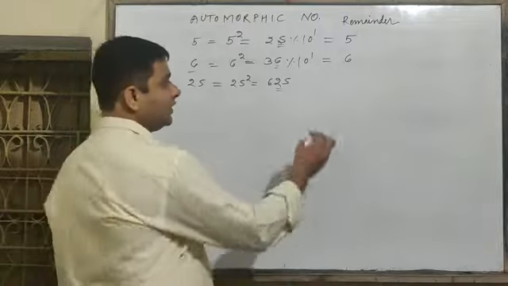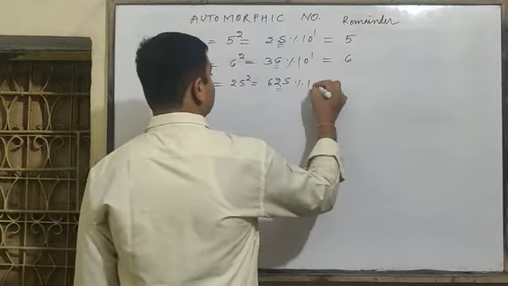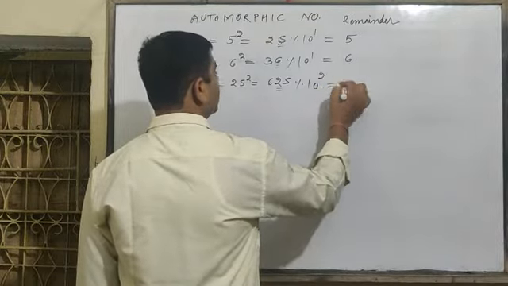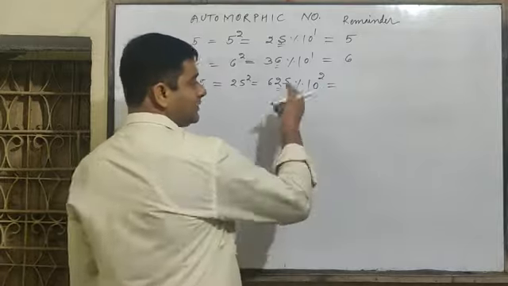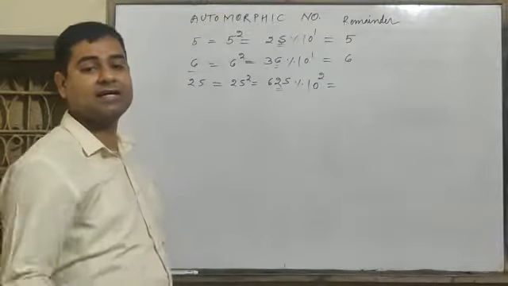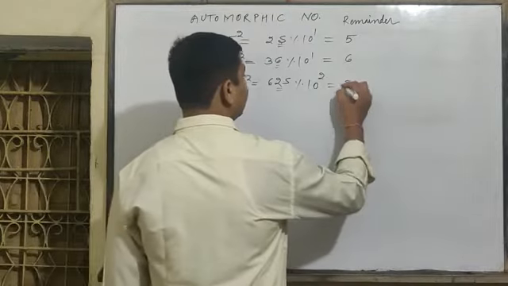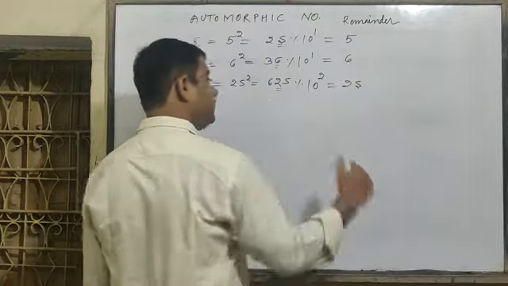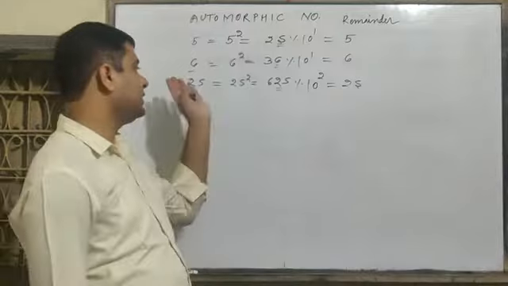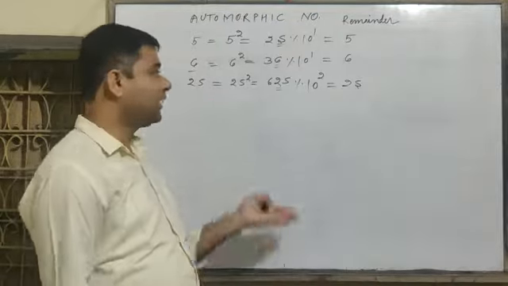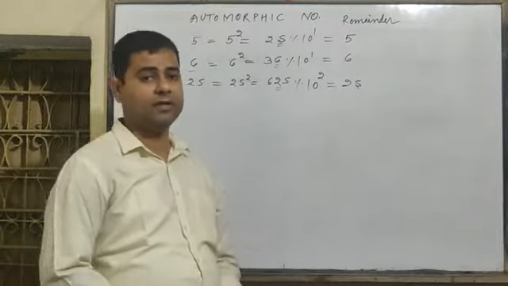The remainder should be calculated with 10 raised to the power 2. So 625 modulus 100. What will you get? 100 times 6 is 600. The remainder will be 25. So 25 must be compared with the original number. Both are same. So 25 is also an automorphic number.